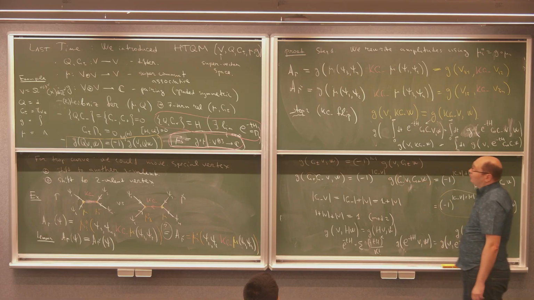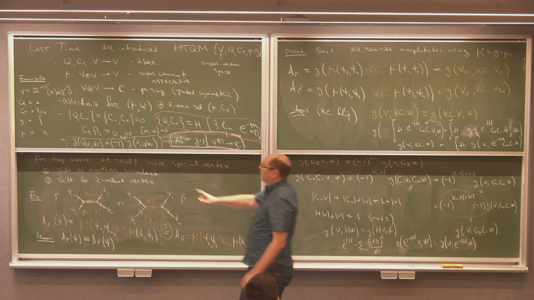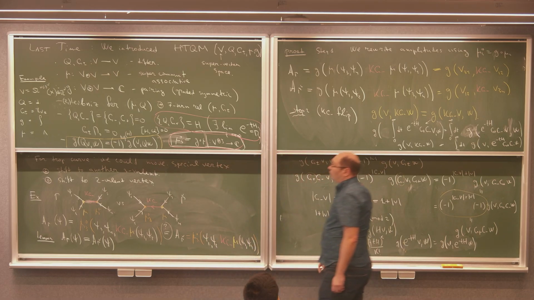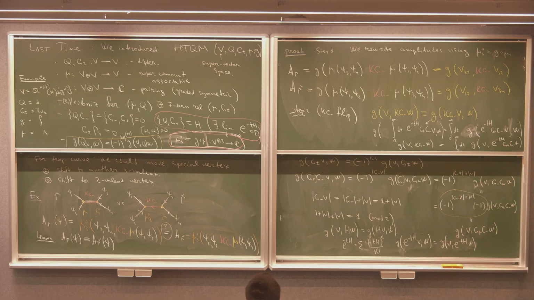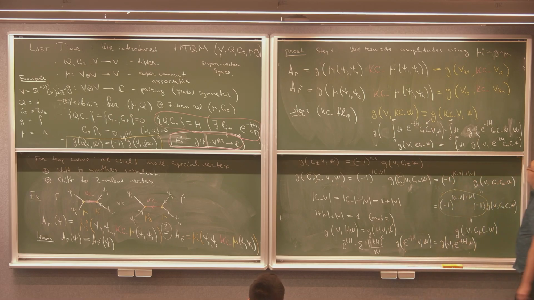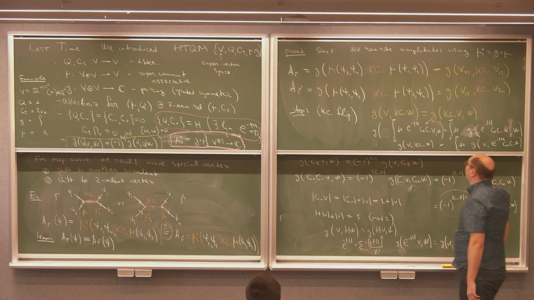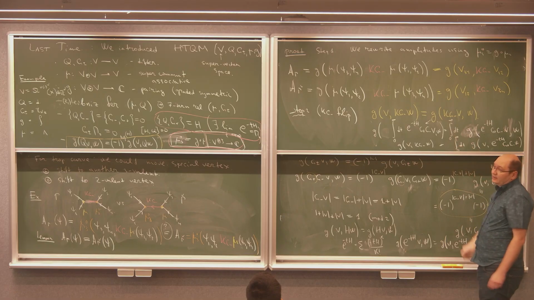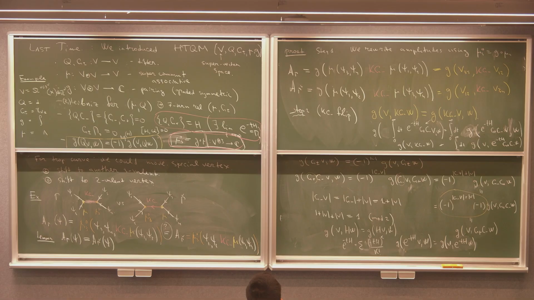Using the definition of K and these sign properties of commuting G plus minus and the Hamiltonian through the pairing, we arrive at this nice property that the pairing of a vector v and K G minus of some other vector is exactly equal to the pairing of K G minus of the first vector with the second vector.